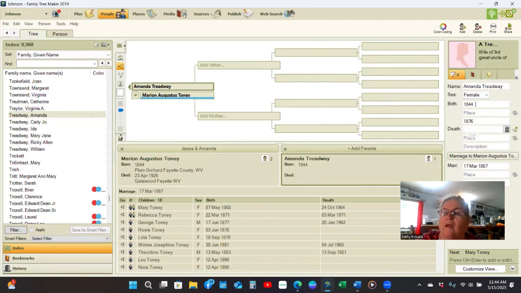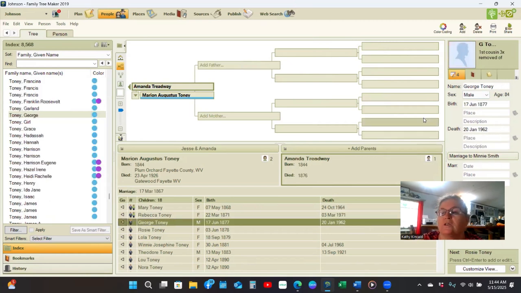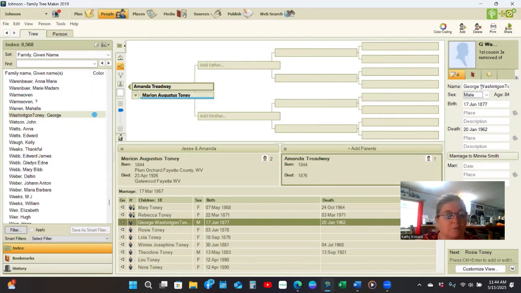Oh, this thing goes slower than my brain wants it to think that it's going. 1876. Okay, and they had their children. George Washington, put his middle name in because I didn't have that. And he was born 1877, died in 1962.